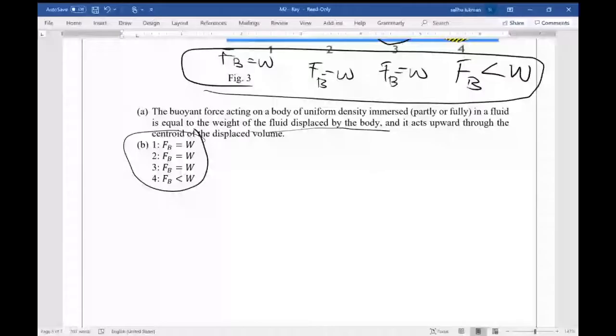Give me this equation and tell me what is FB, what is the buoyant force. Very simple.